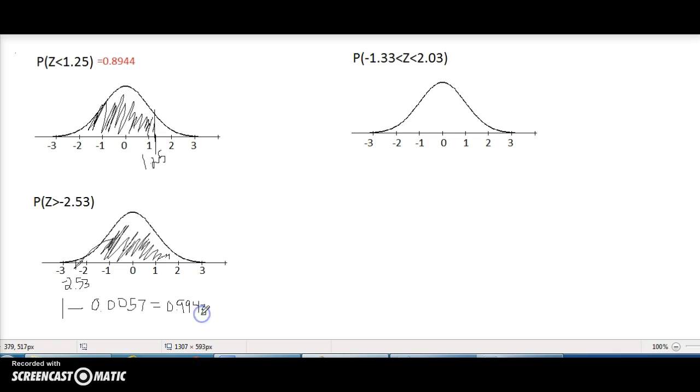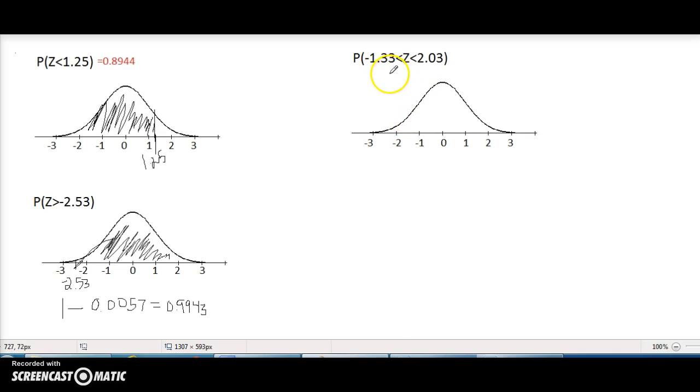And that's it. So the major thing you need to worry about is if we're shading to the right, we have to subtract from 1 because the table provides the cumulative area to the left.